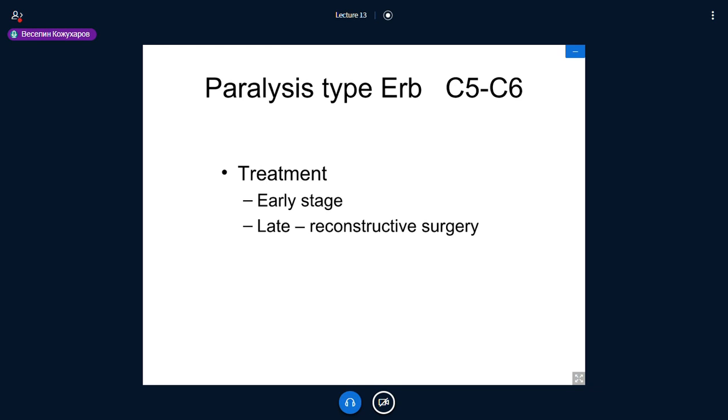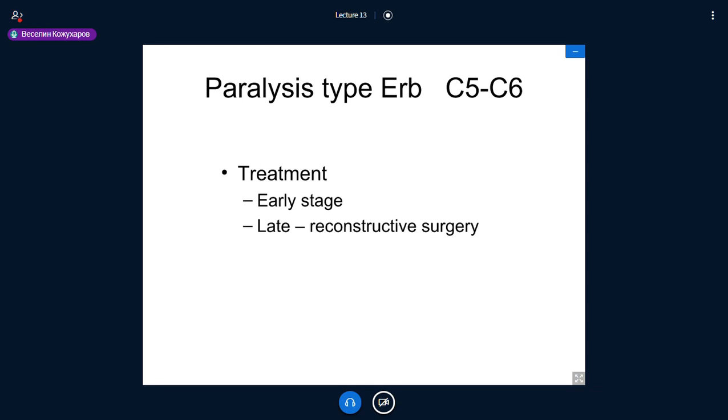This position will decrease the stretch of the neural structures, and this will be beneficial to the stretched nerves for a long period of time.